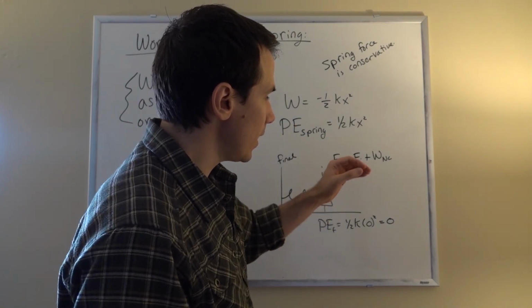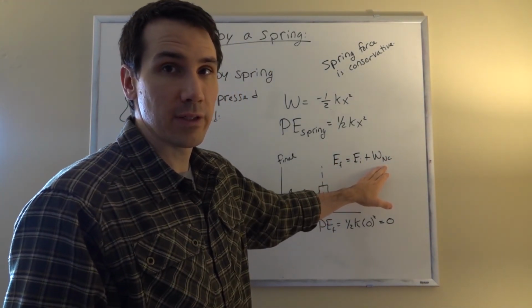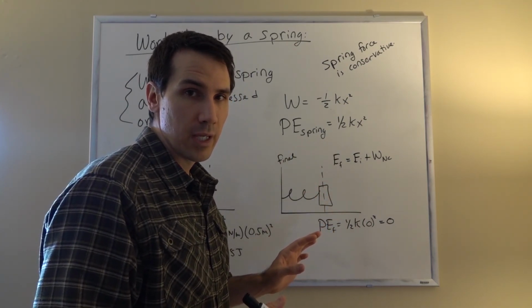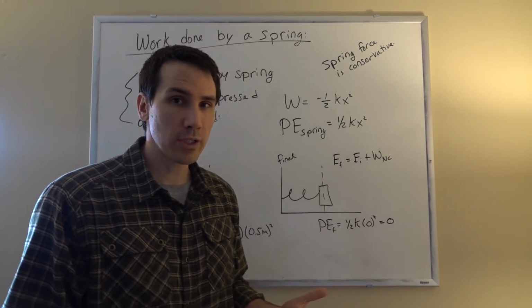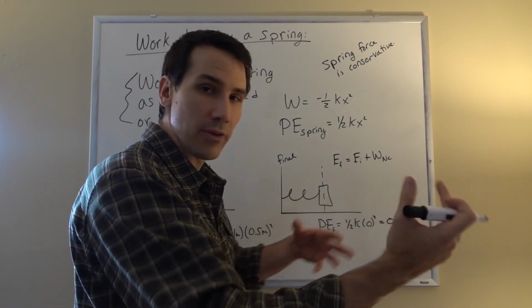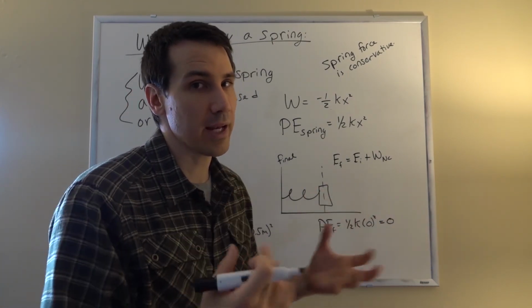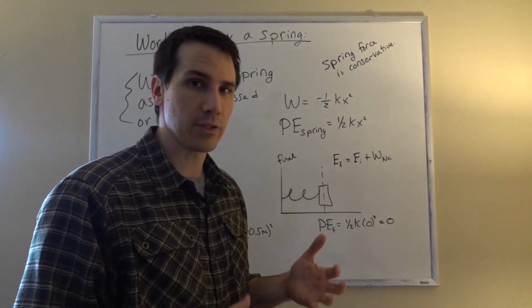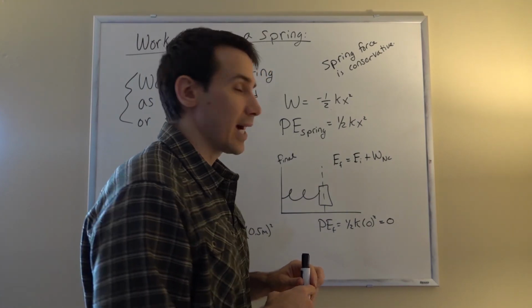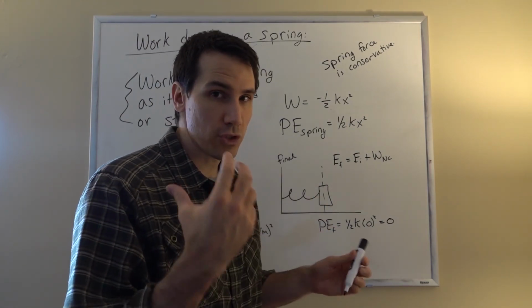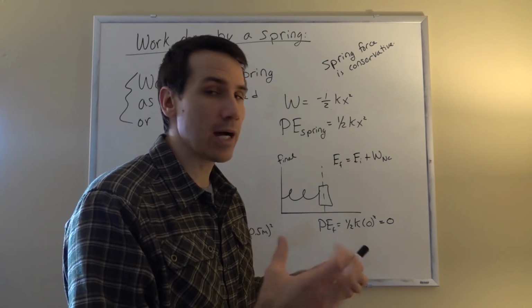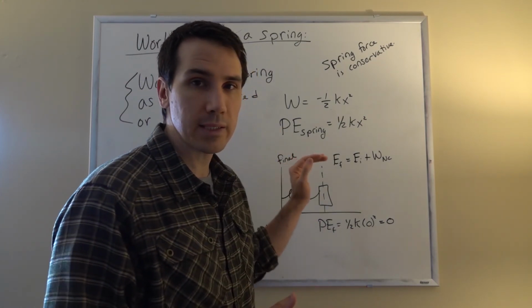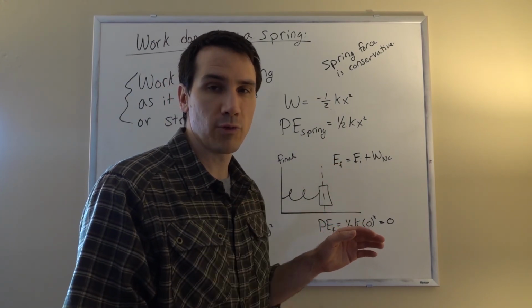So my work non-conservative here is 0 because I had no forces outside of the spring force. If I, for example, had friction or air resistance or some other object pushing or pulling on it, then I could think about non-conservative forces, right? All of those are non-conservative. Remember, our only two conservative forces, things that count as potential energies that we use, are springs, which we just learned, and the gravitational force.